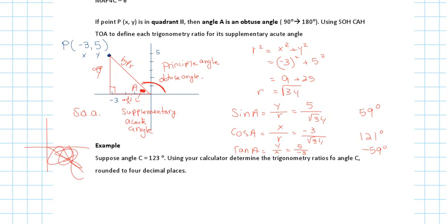So in this case, you're finding two angles. You're finding the principal angle, which is the obtuse one, and you're finding the supplementary acute angle, which is the acute one. So that doesn't mean the answers are wrong. It just means you need to use your thinking and your knowledge to be able to find the correct answer. So here's what you're going to have to report to me.